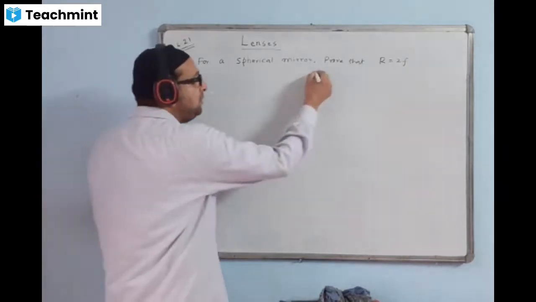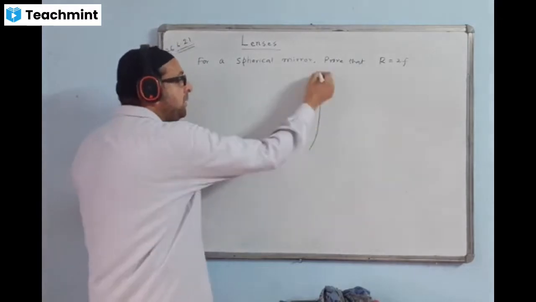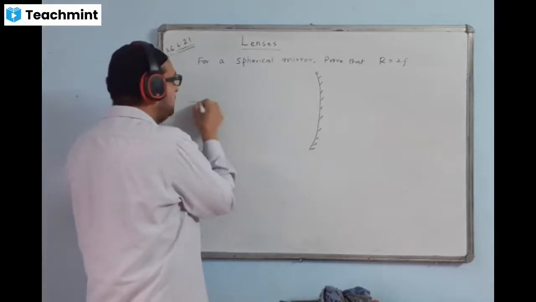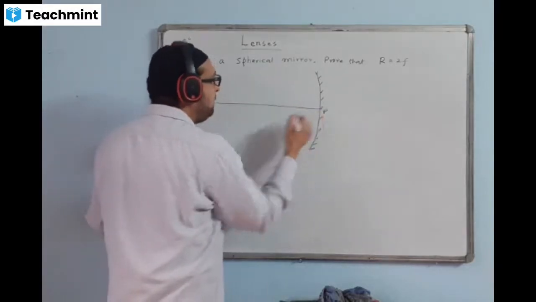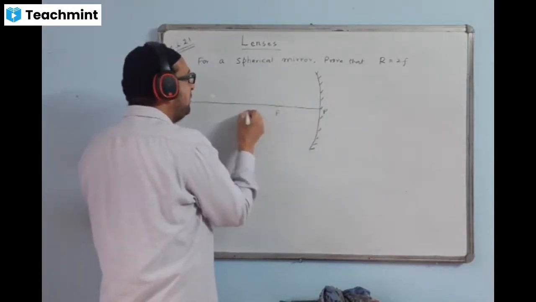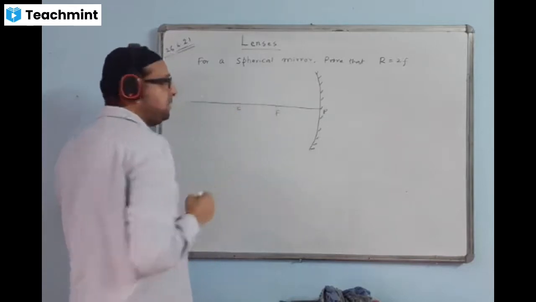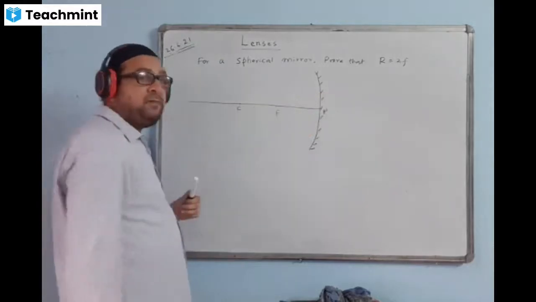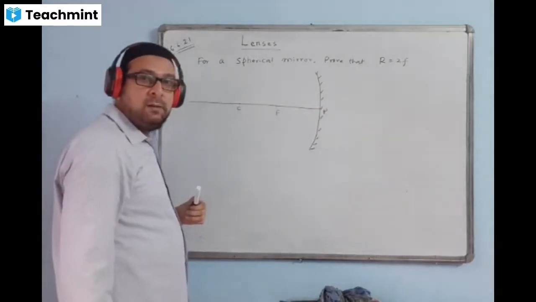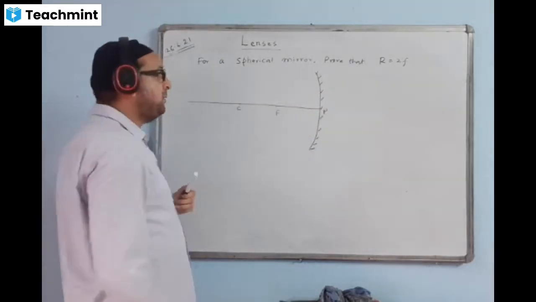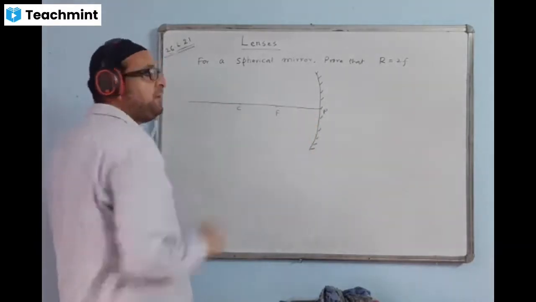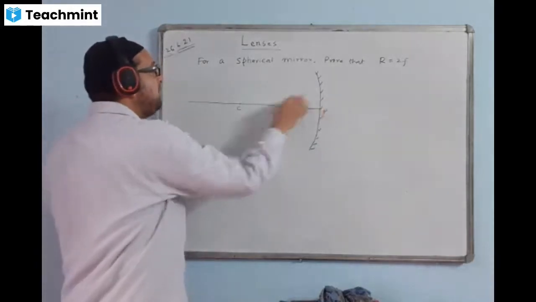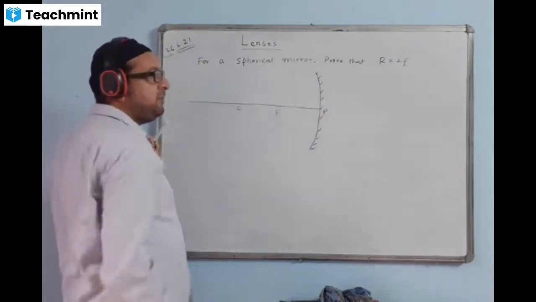So I'll draw a mirror, any kind of mirror. This is a concave mirror. I'll write P, this is F, this will be C. The P to F distance, the PF distance, will be the focal length F, and the PC distance will be equal to R. We have to show PC is equal to twice of PF.